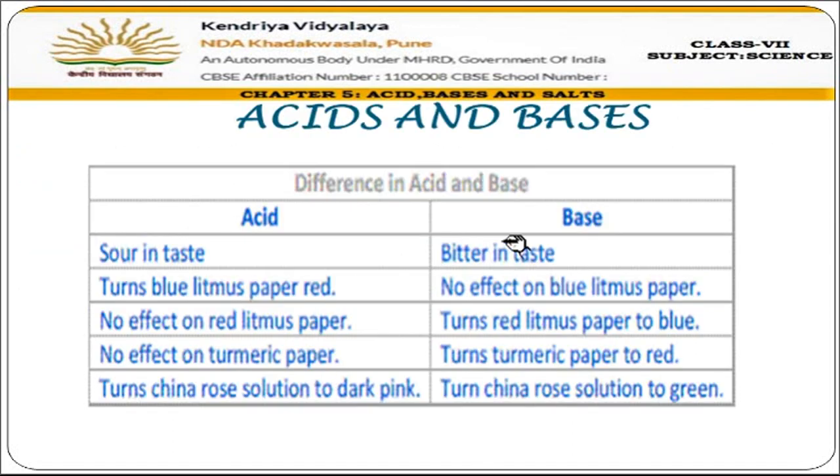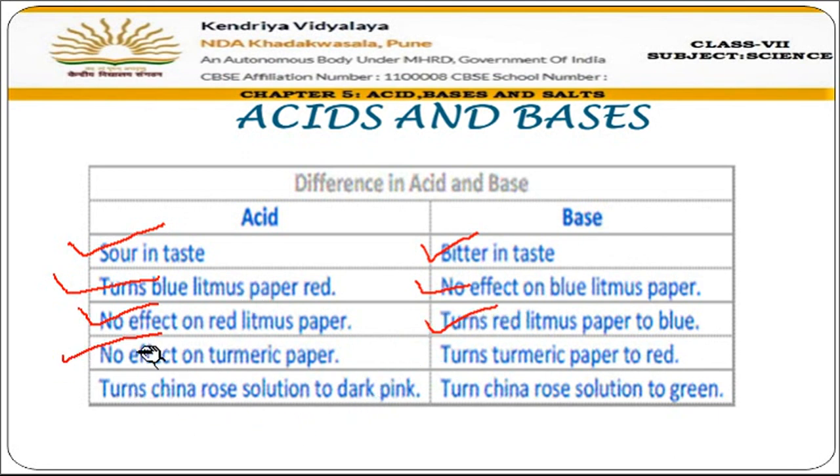Now, the difference between acid and base. Acids are sour in taste and bases are bitter in taste. Acids turn blue litmus to red. Bases cannot turn blue litmus to red. Acids have no effect on red litmus paper, but base can turn red litmus to blue.